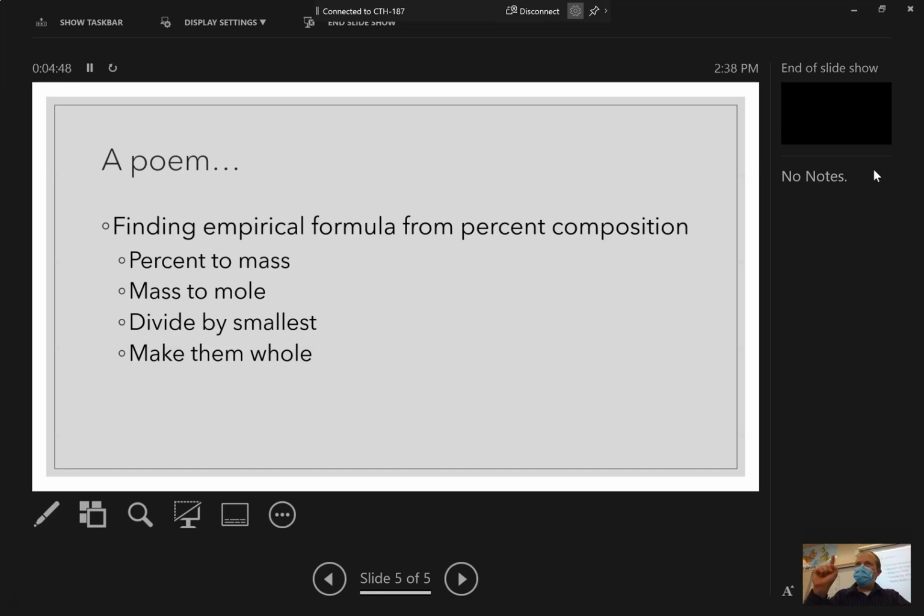What we're going to do eventually is find empirical formulas from percent compositions. And so the little poem to help you remember the steps is: percent to mass, mass to mole, divide by smallest, make them whole. And we will learn what that means when we actually see some problems.